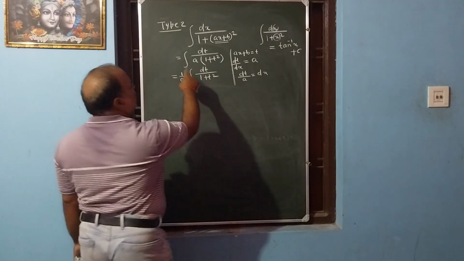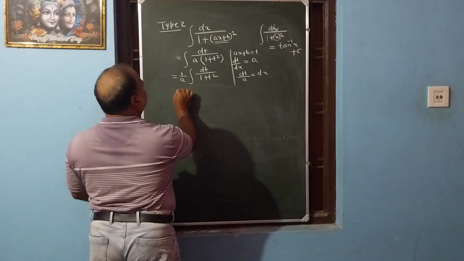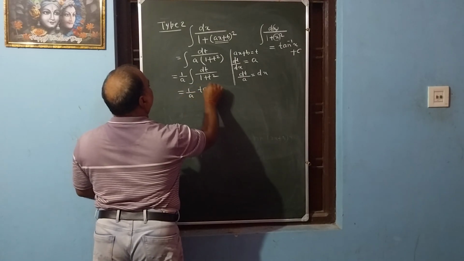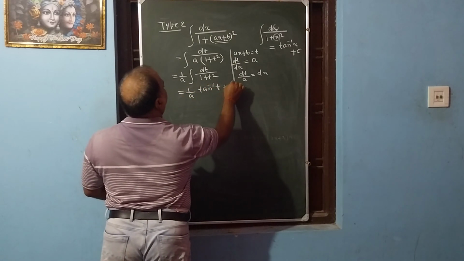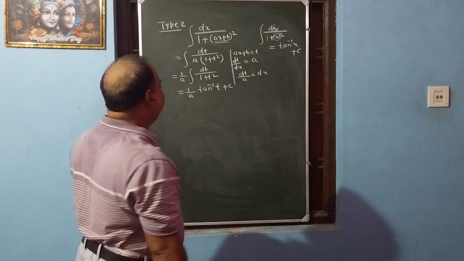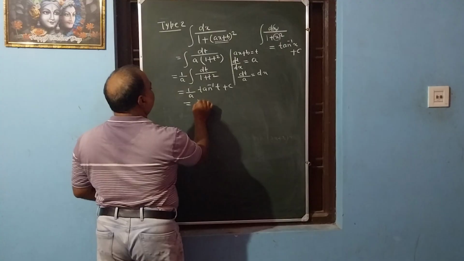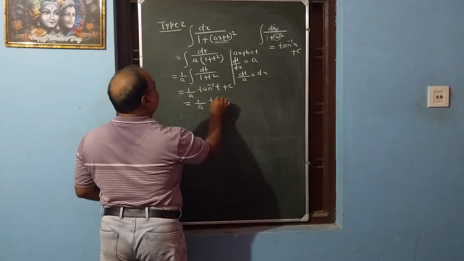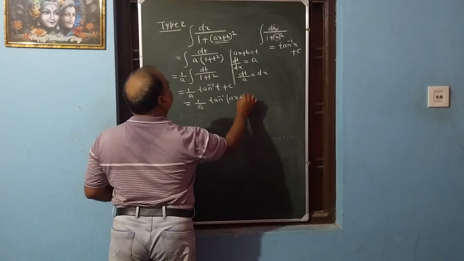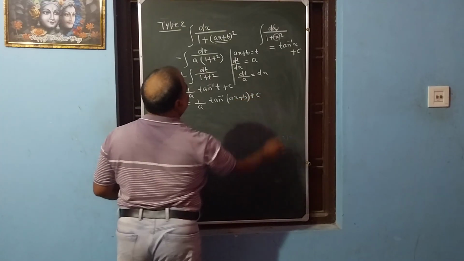The integration of dt by 1 plus t square is equal to 1 by a tan inverse t plus c. In place of t, we have to put ax plus b. So we get 1 by a tan inverse (ax plus b) plus c.